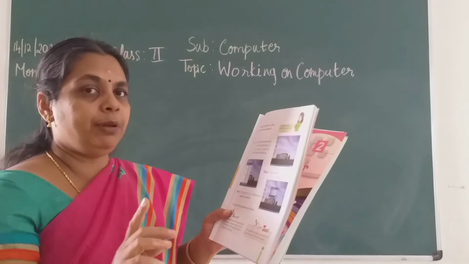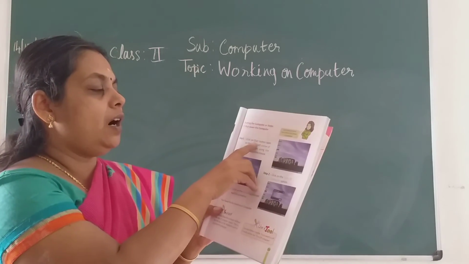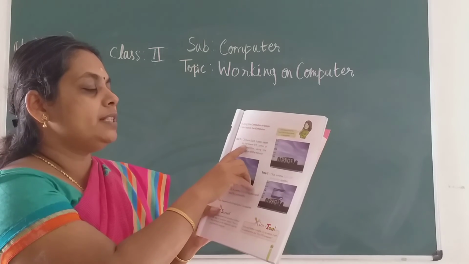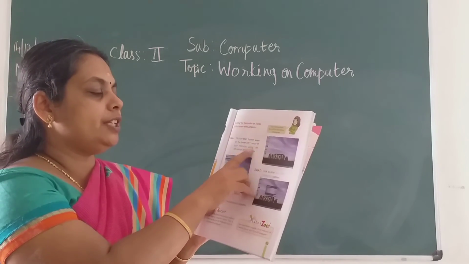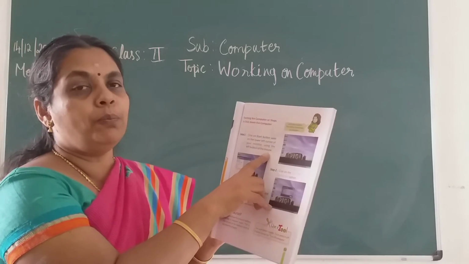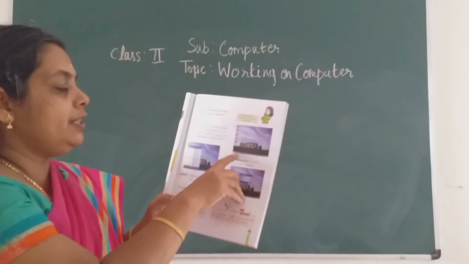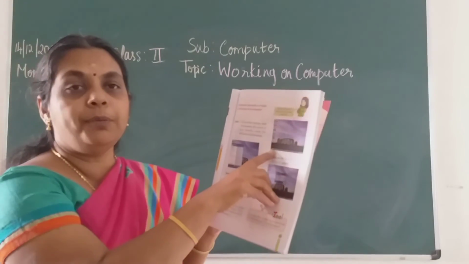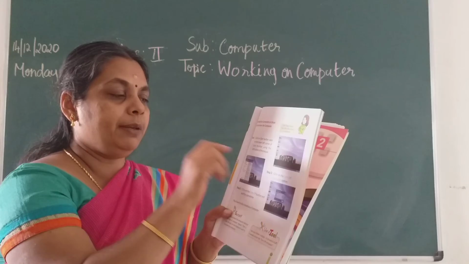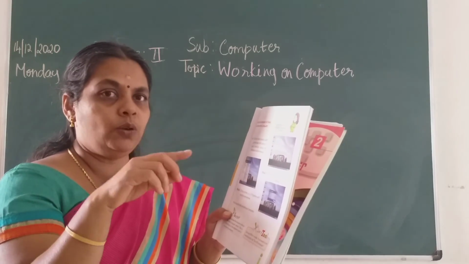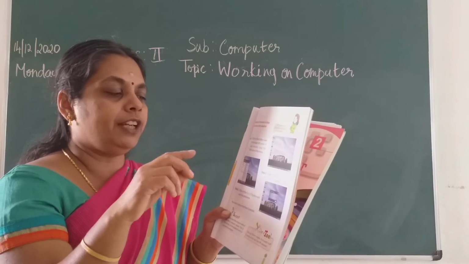Now again I am repeating, children. Click on the start button seen on the lower left corner of your monitor using the left button of the mouse. You can see the start button over here. Move the mouse, keep it on it, and then left click.